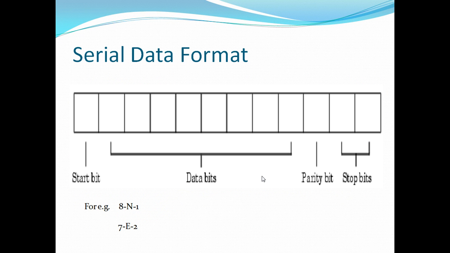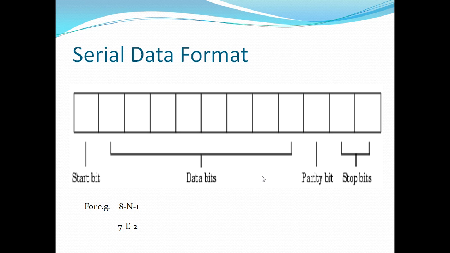This is the format of data for the data transmission, designed as a standard. Generally, the parity bit is not used, but if we consider the parity bit, these bits are divided into four parts: one start bit, data bits, parity bit, and stop bit.